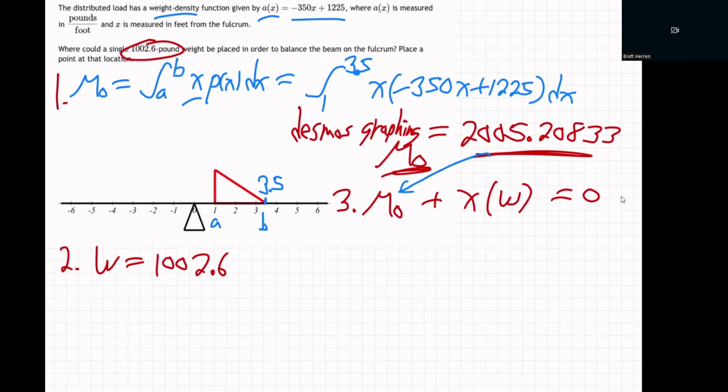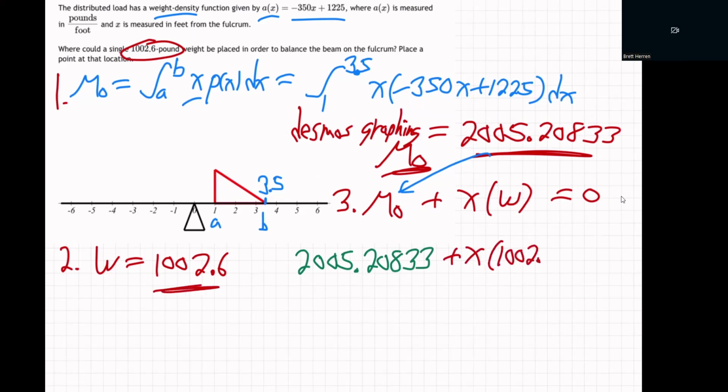So that'll be the 2005.20833 plus x times the weight, which is right here, equals 0. And that's basically saying it's going to balance. Whatever this moment is, this shape produces a moment down this way, which is like a torque, a force at a distance.